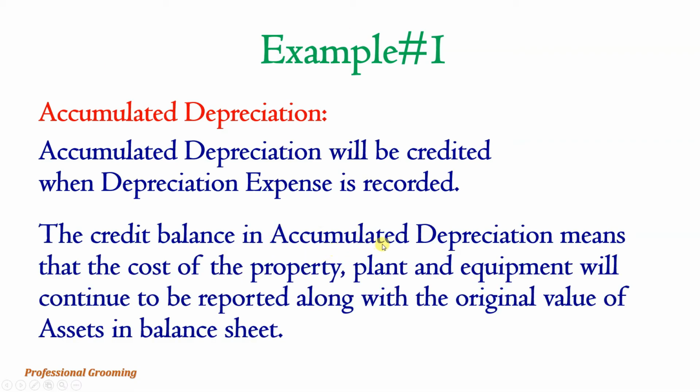The credit balance in accumulated depreciation means that the cost of the property, plant and equipment will continue to be reported along with the original value of the assets in the balance sheet. As you can see here, the management can see in the balance sheet the original value of the assets at which they were purchased and the accumulated depreciation, that is, how much of the assets we have utilized till now.